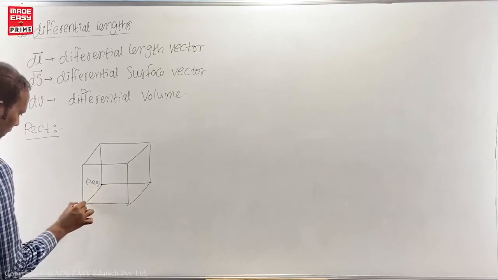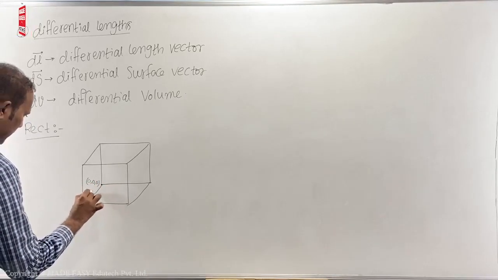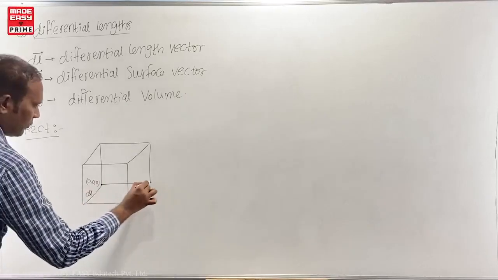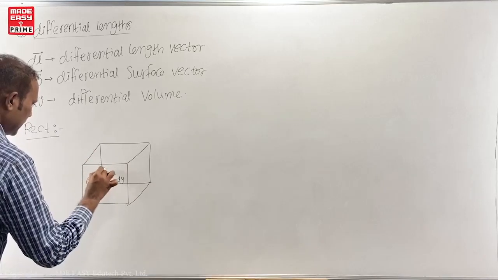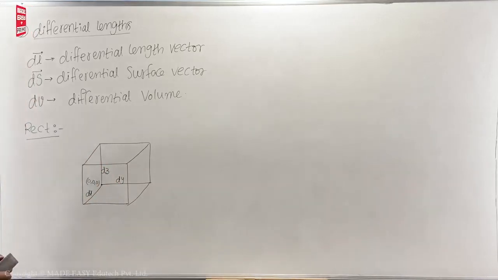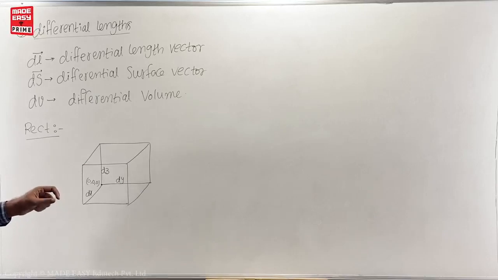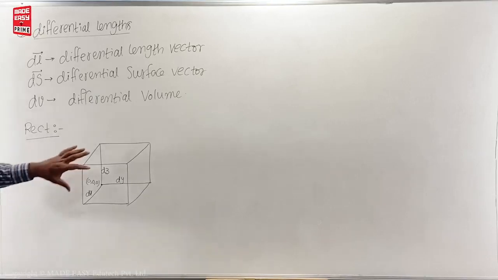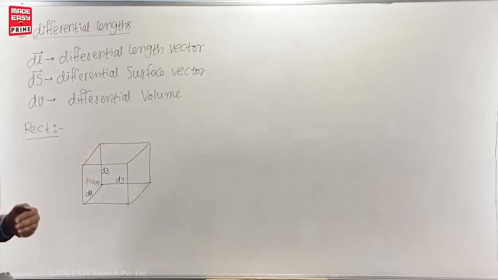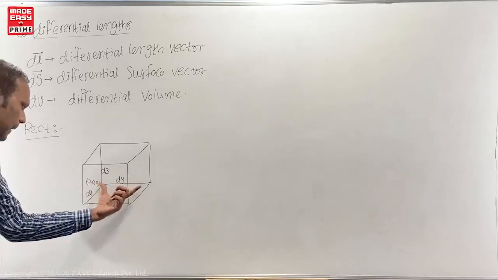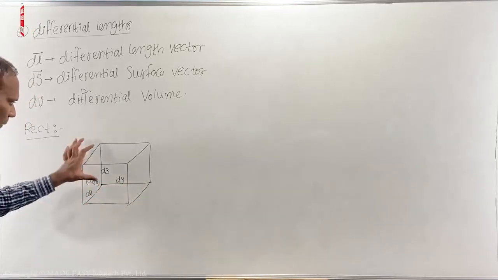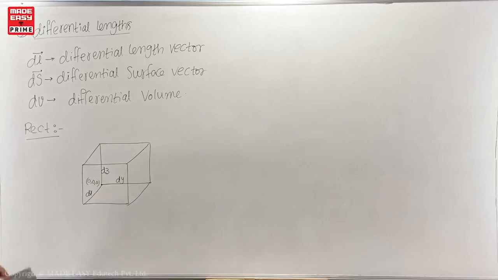Now let us take this as dx, this width as dy, and this height as dz. Now there is a cube here. Which cube? Differential cube. Differential means small. Why did you get a small cube? Because you have taken differential length dx, differential width dy, differential height dz. Then you got a small cube.